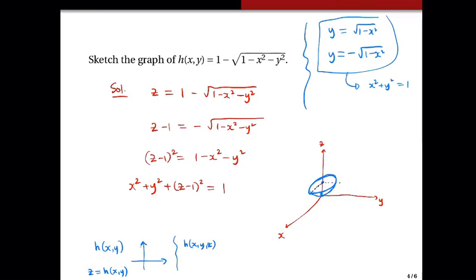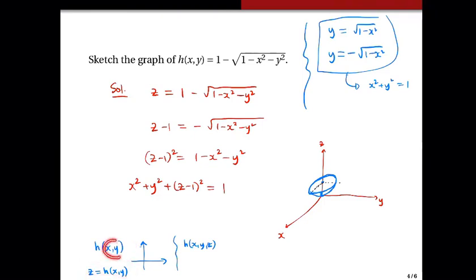So the sketch of the graph of a function in two variables will be a three-dimensional object.